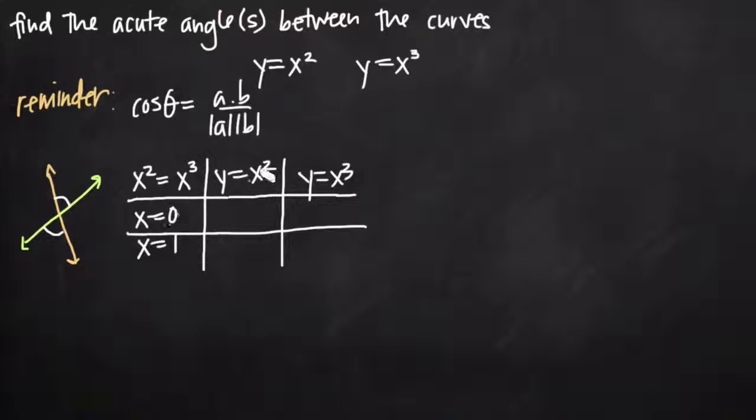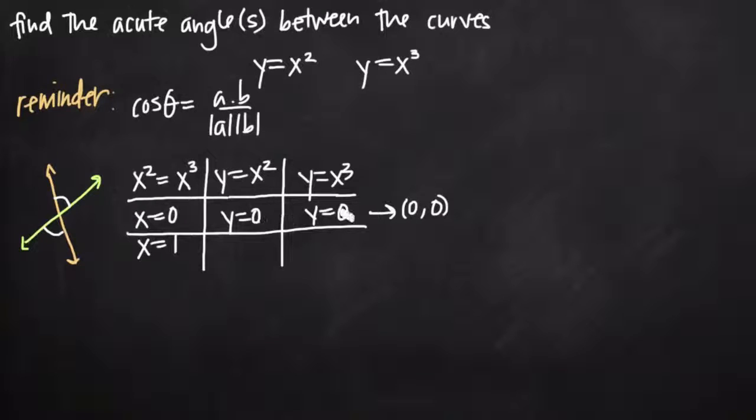Now when we plug x equals 0 into y equals x squared, we just get y equals 0. When we plug x equals 0 into y equals x cubed, we get y equals 0. So because we got the same value here, y equals 0, there's really only one coordinate point. From this row, we take an x value of 0, and a y value of 0.